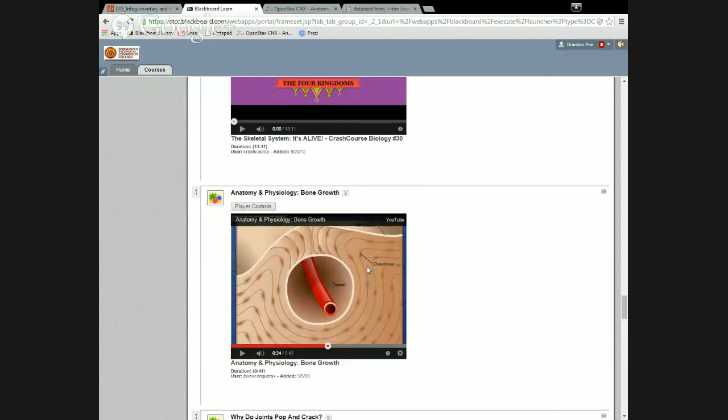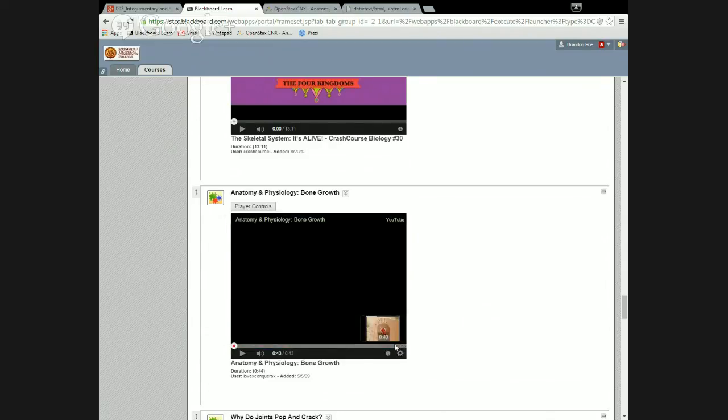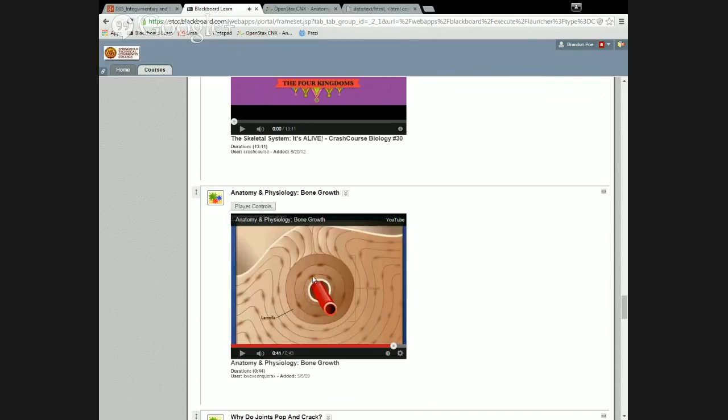Then the inner lining here, what's called the endosteum, at this point grows in, and rings of bone matrix are laid down, forming a new osteon. Okay.